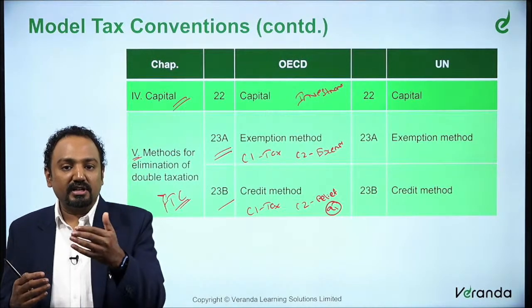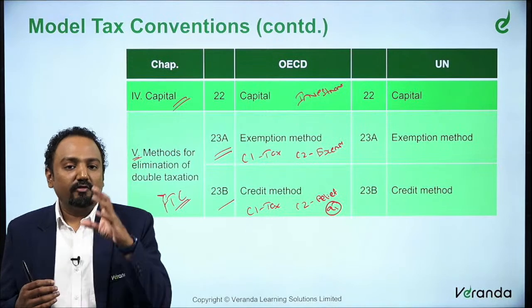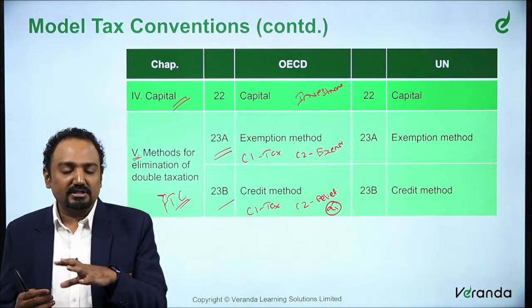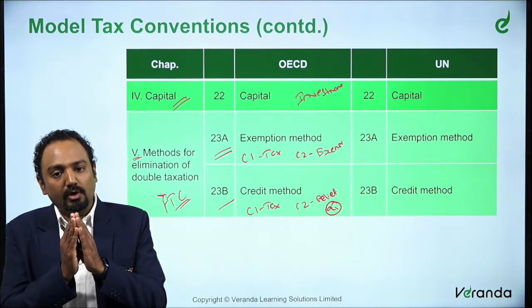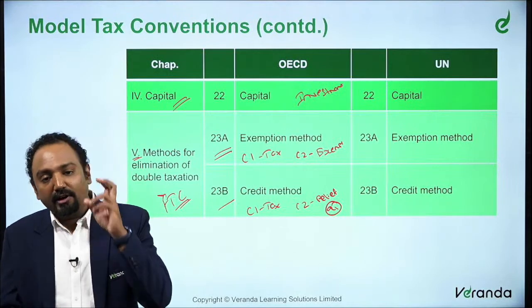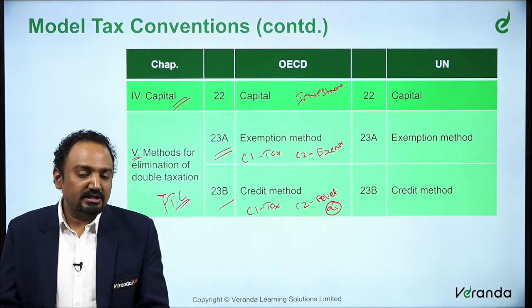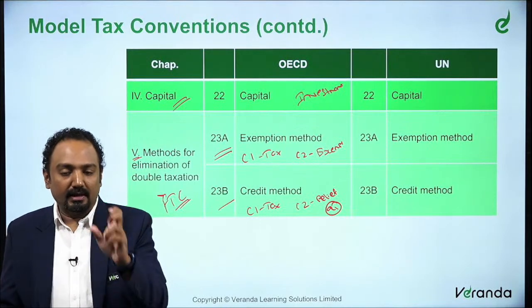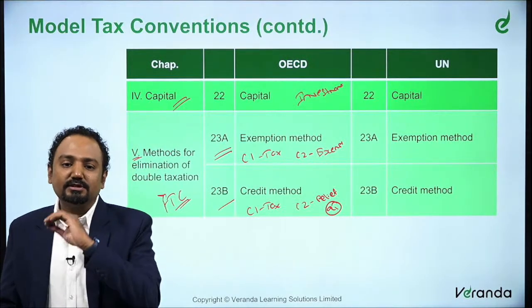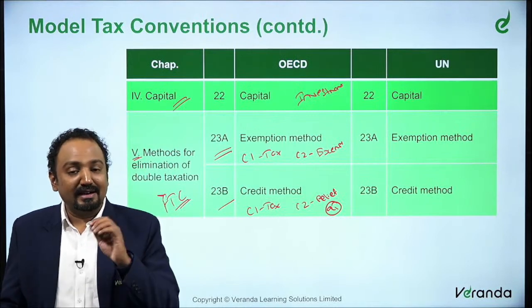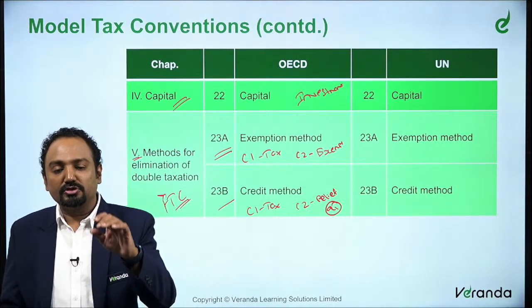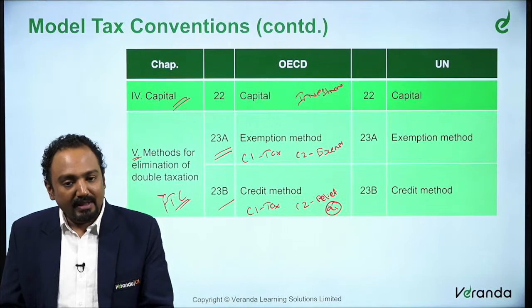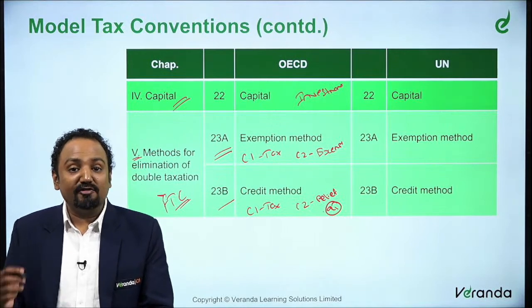You take the average rate of Indian income tax for the entire income after deductions and relief. Then you identify the foreign tax rate charged in that particular country, whichever is lower. To that extent, that proportion of tax is taken as credit. A relief is given for such proportion. This is what is discussed in section 91 about relief being given.